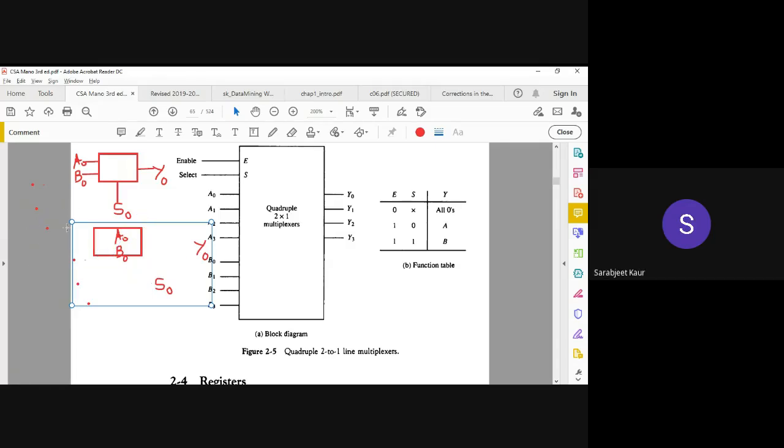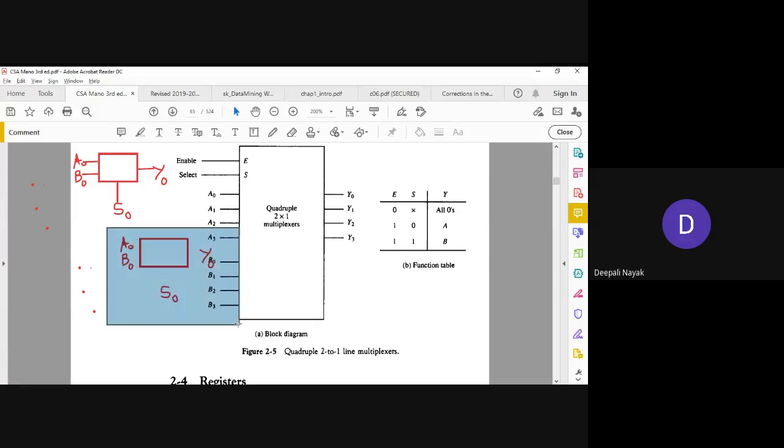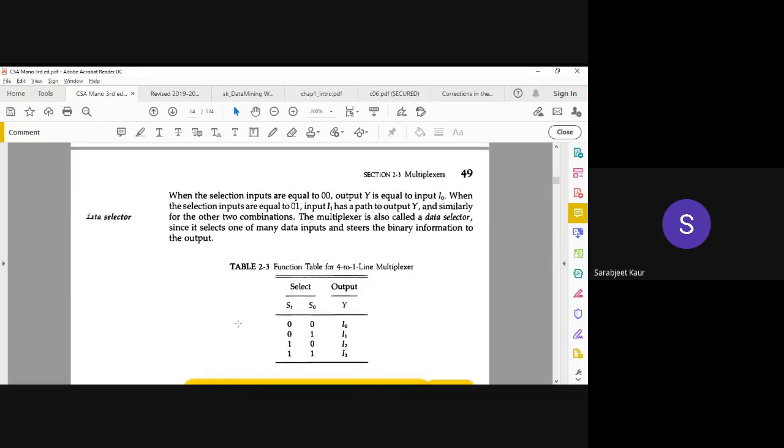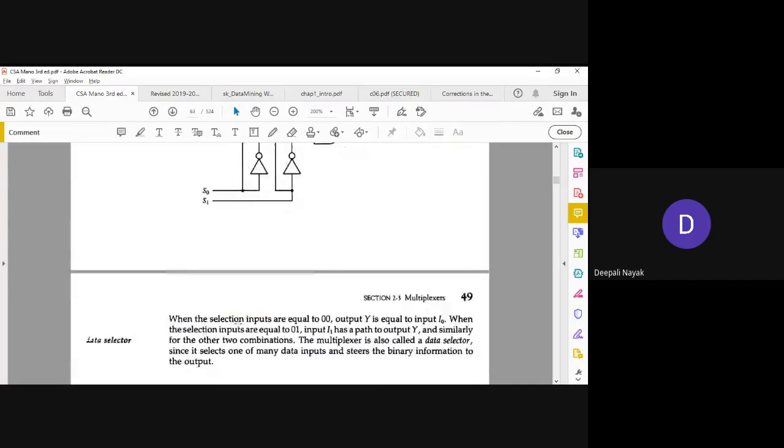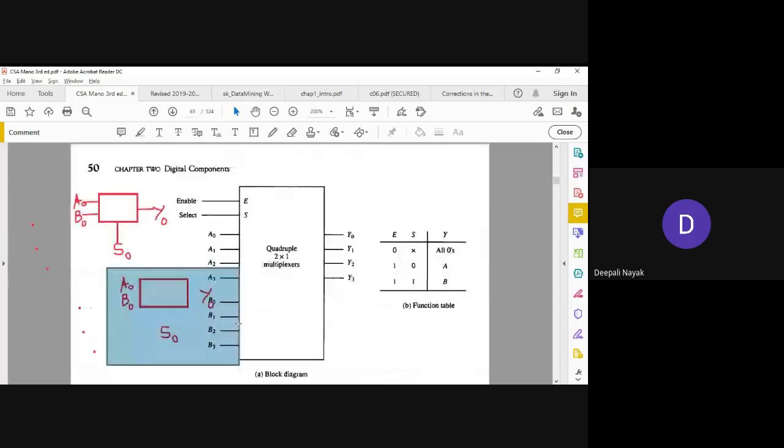It is still not very convenient to edit a PDF, I think. Ma'am, I want to ask something. Yes, tell me. Ma'am, this quadruple 2 cross 1 multiplexer is combining four 2 cross 1 multiplexers, right? Right. So, ma'am, I can see only 2 cross 1 multiplexers. I'm just showing you. Just give me a second.